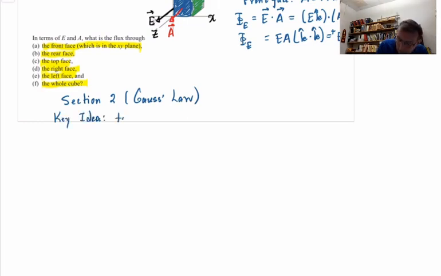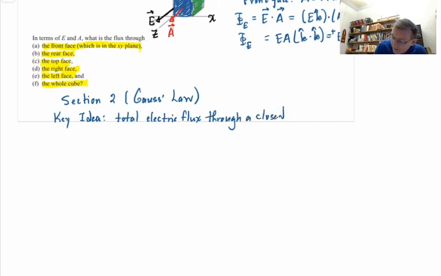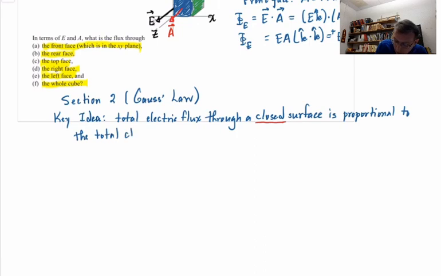The total electric flux, right, just like we've been practicing with, through a closed surface, that's important, a closed surface, is proportional to the total charge inside the surface.